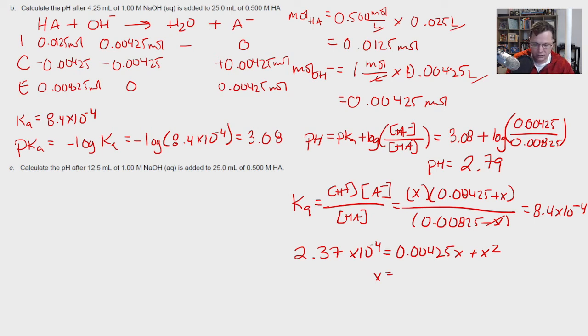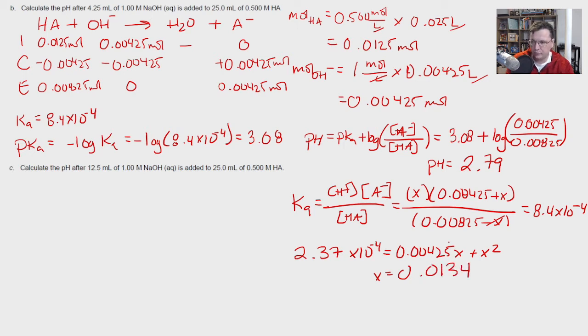Now if I use the quadratic equation, we have x squared plus 0.00425x minus 2.37 times 10 to the negative 4. We solve for this and get 0.0134 in this case.